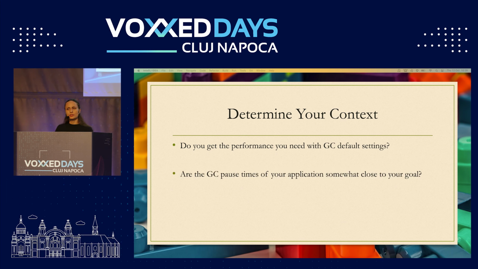Secondly, are the GC pauses that you currently have, maybe as defaults, working great for you? Maybe if you have them at a higher amount, you get more latency, or if you have them at a lower amount, you get more throughput. And of course, can your application tolerate some full GC pauses? So these are the 3 questions that you have to ask yourself when it comes to fine-tuning garbage collection.